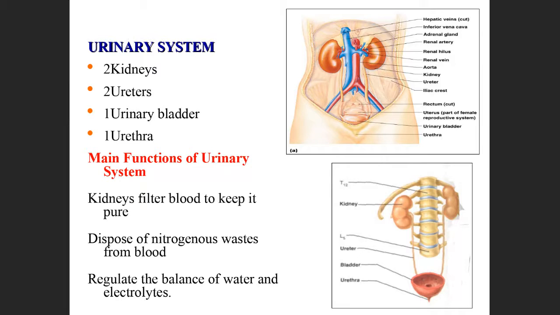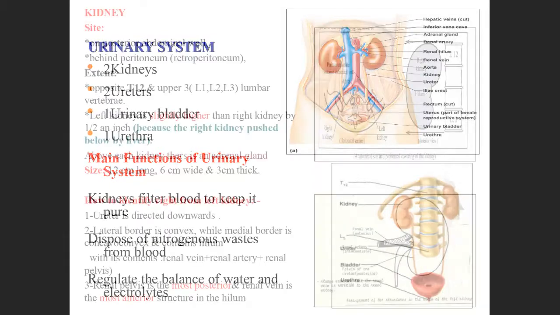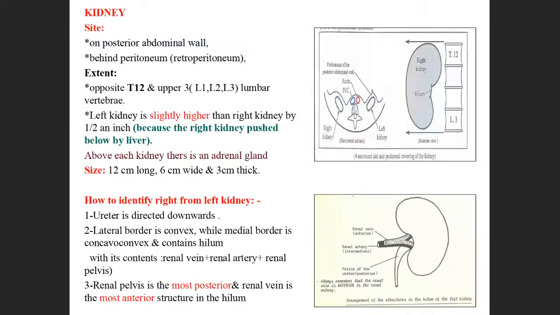So what the kidneys do is filter the blood to make it pure, and remove nitrogenous waste material from the blood and release it outside, and regulate the water and electrolyte balance. So these are some functions of the excretory system. Now we'll study them one by one.